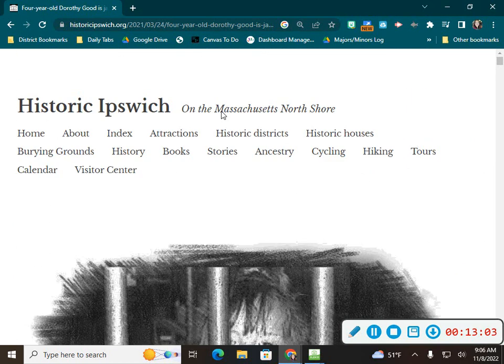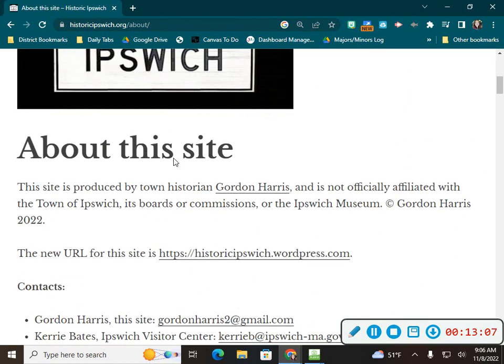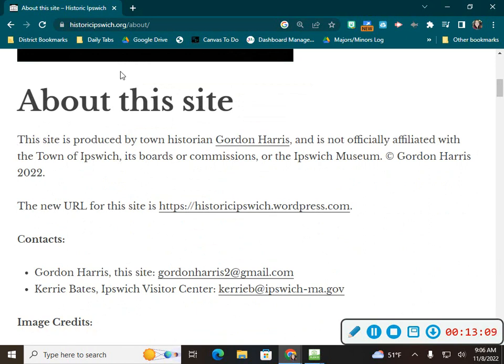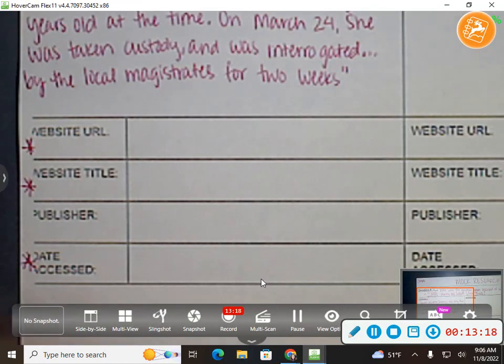Okay, so let's go to the About page. About this site. First what we can do is we can put in the website URL. I'm going to pull it up on this side so you can see it a little bit clearer since that's a little small.